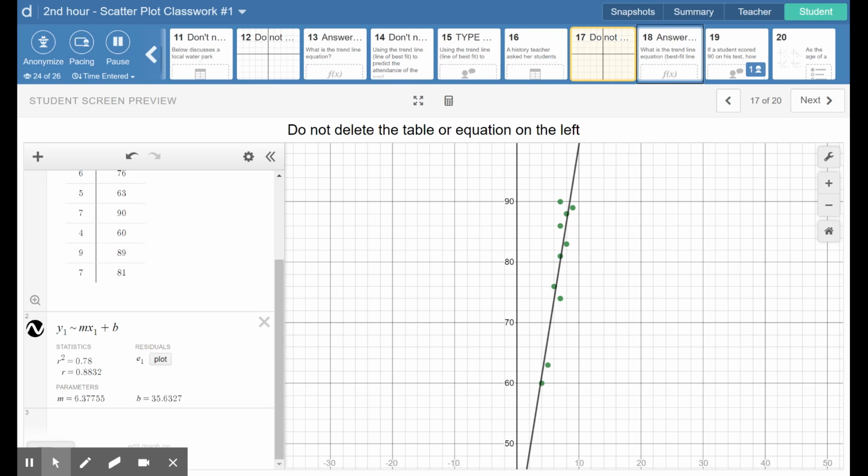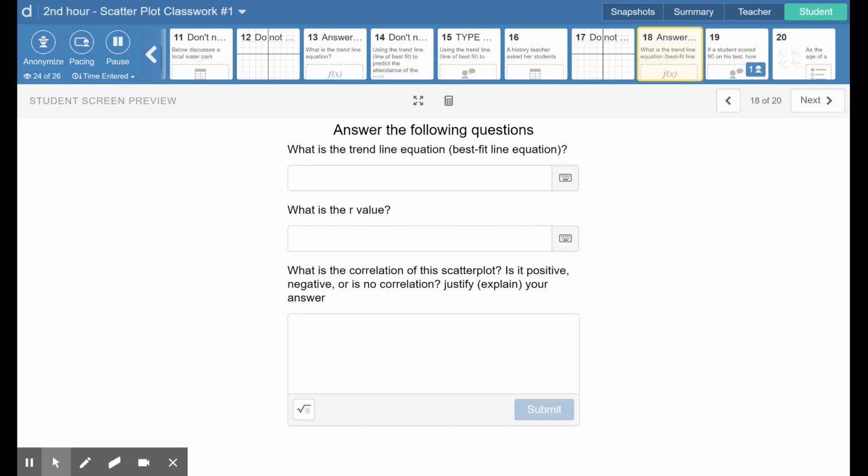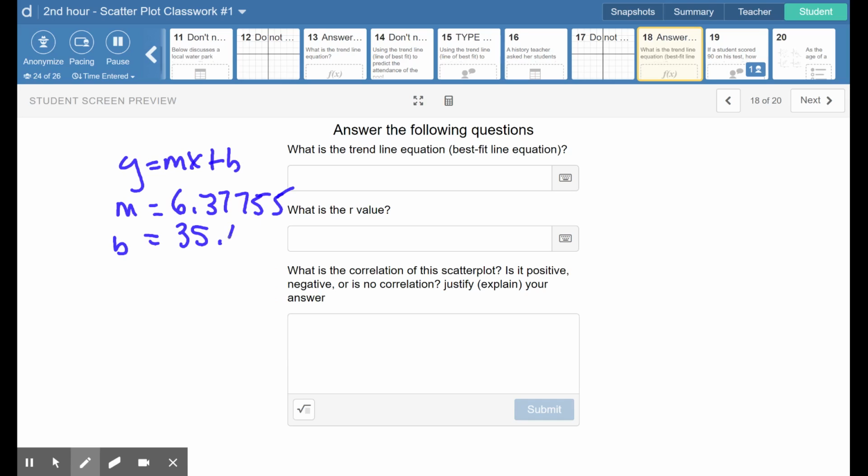Now we're going to go to slide 18. It says, what is the trend line? So remember, we need y equals mx plus b, and that previous screen gave us the m of 6.37755 and gave us the b of 35.6327.